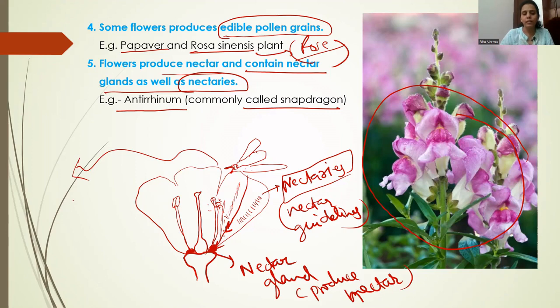And while entering another flower, the insect drops the pollen grains on the stigma of that particular flower. So this is how the presence of nectar or nectaries helps in proper pollination by the insect.